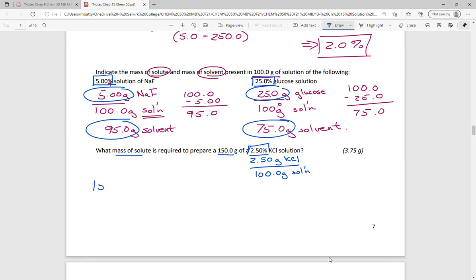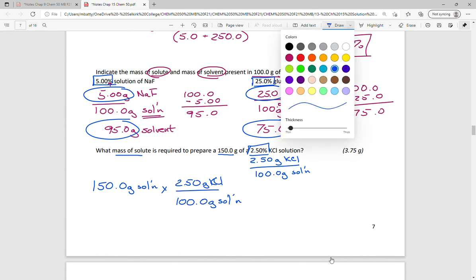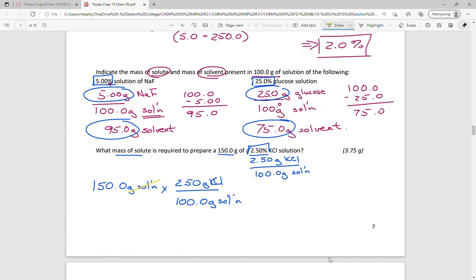So I'm going to start with 150 grams of solution and then use my unit factor of mass percent to figure out what this question is asking for. With dimensional analysis, the grams of solution are gone, and I would have this in grams of potassium chloride.